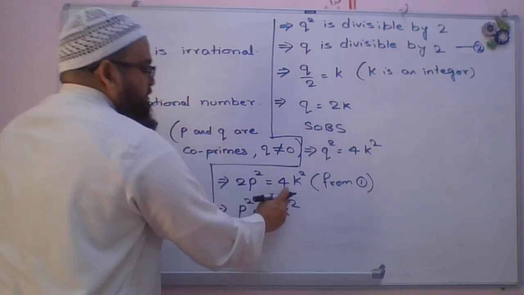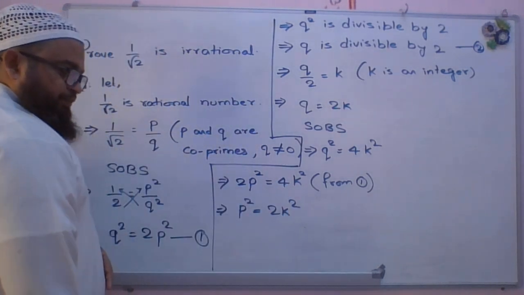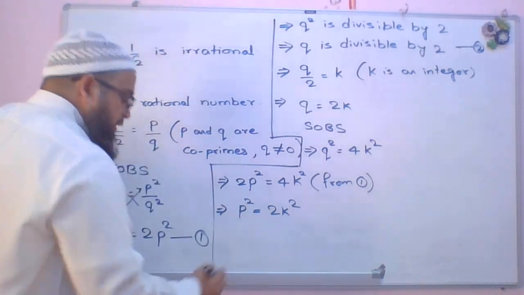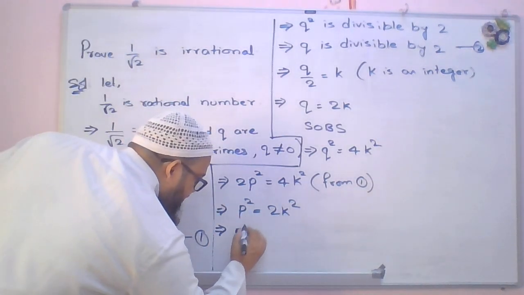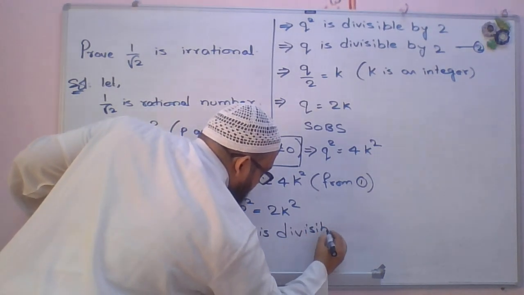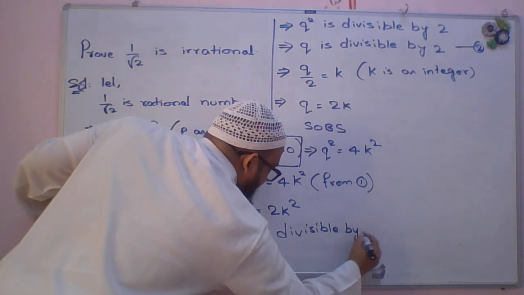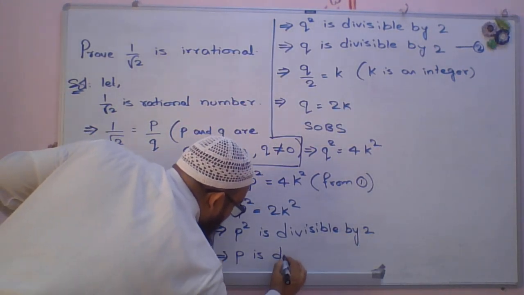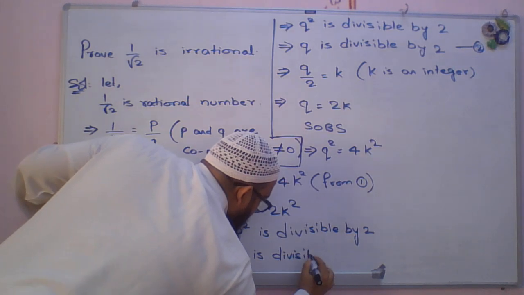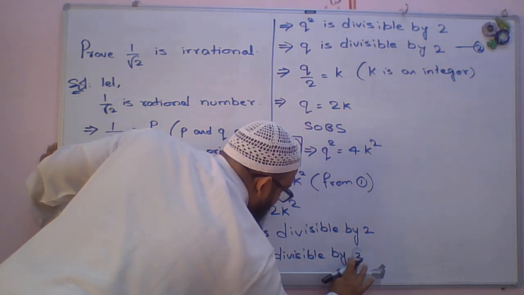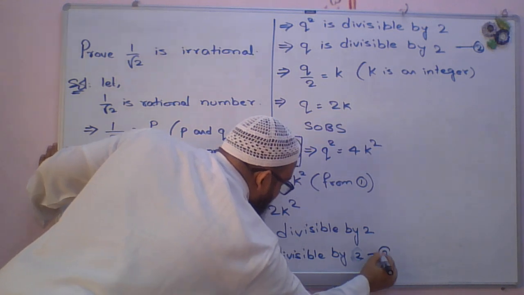When you transpose, 4 by 2 is 2, so 2k square. So here p square can be written as 2 times k square. So that implies p square is divisible by 2. So that implies p is divisible by 2. So this is third statement.